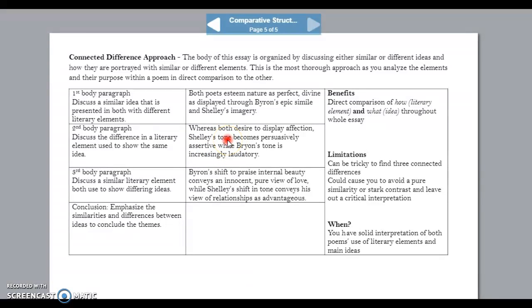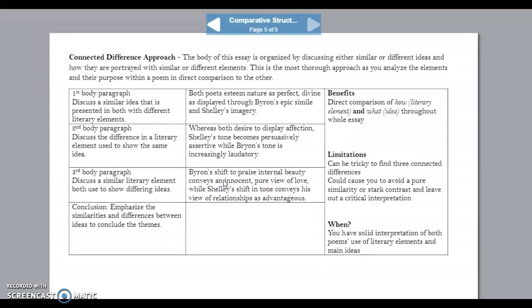So they both use that literary element, but they use it differently. In the third body paragraph, I'm going to focus on the similar use of shifts in the two poems and how they, in the end, show different perspectives of relationships. One as relationships as advantageous, one as love is very pure and innocent.